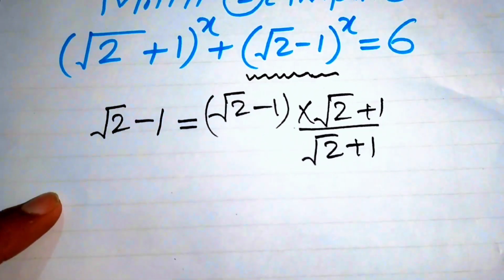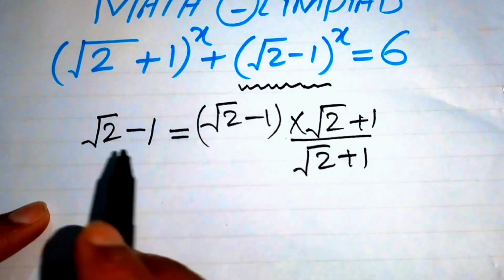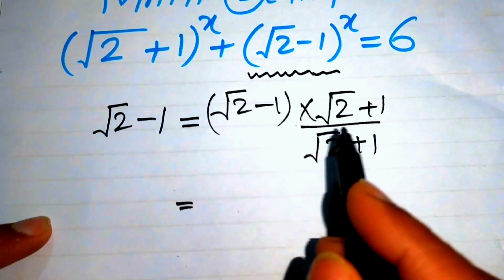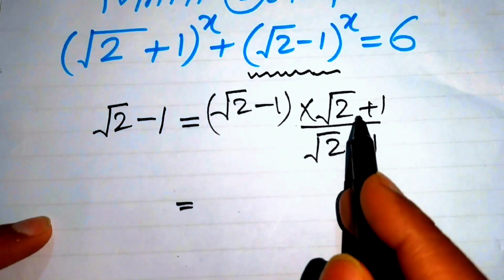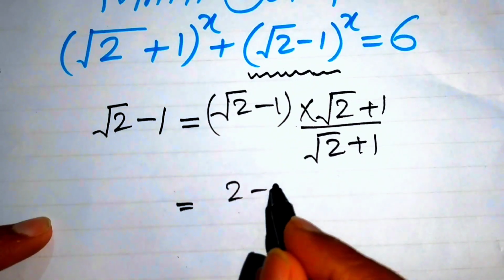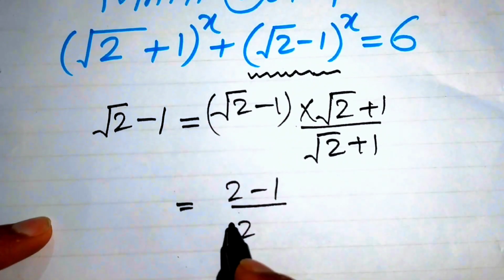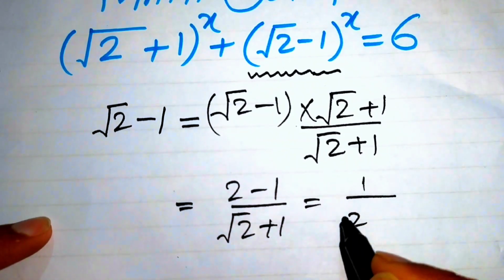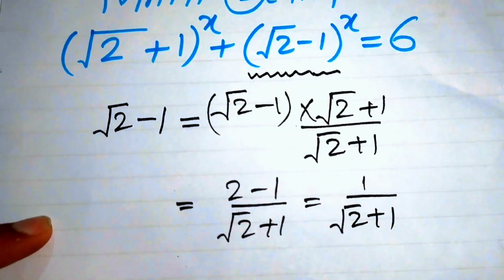So here we just rationalize only one factor, and we have (a minus b) times (a plus b), so it will be equal to 2 minus 1 over square root of 2 plus 1, and it is equal to 1 over square root of 2 plus 1.